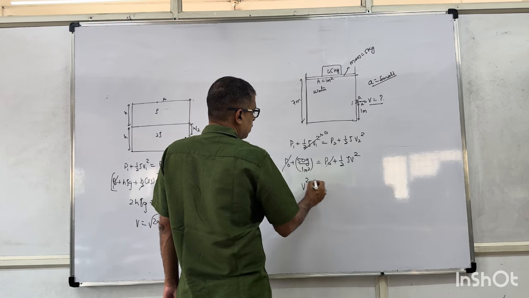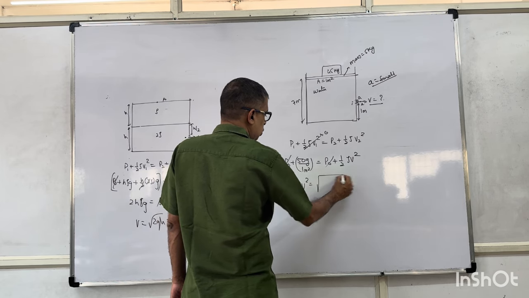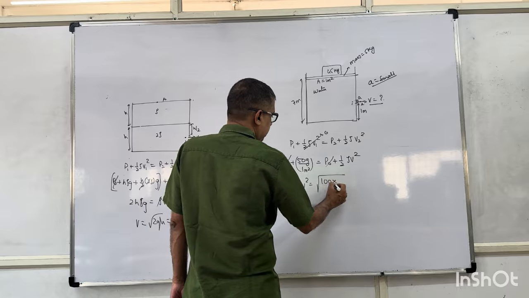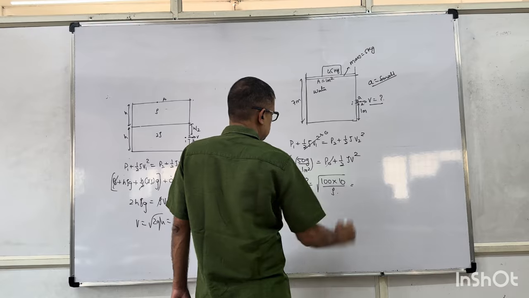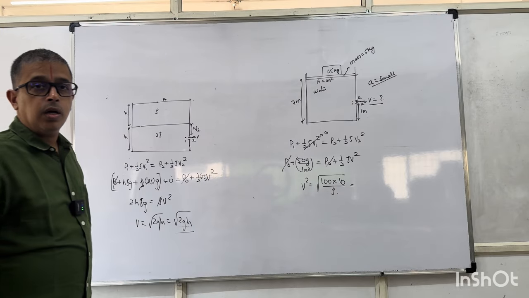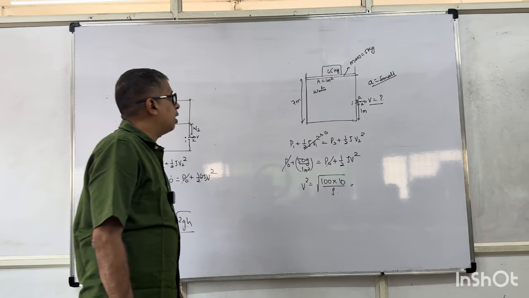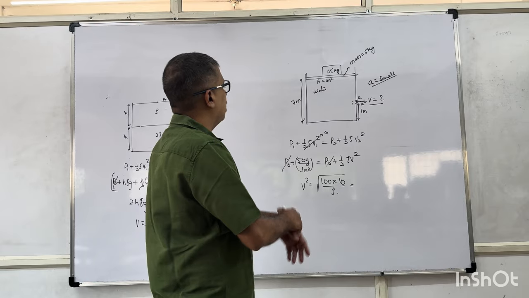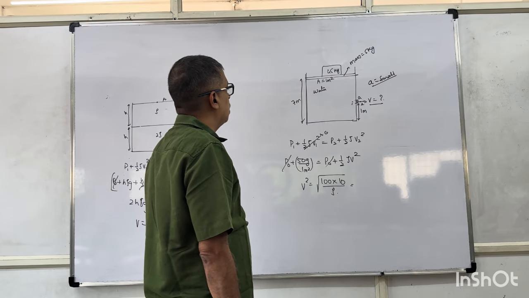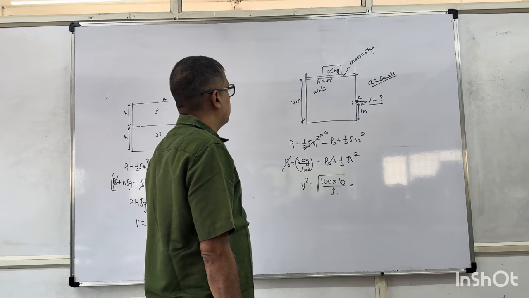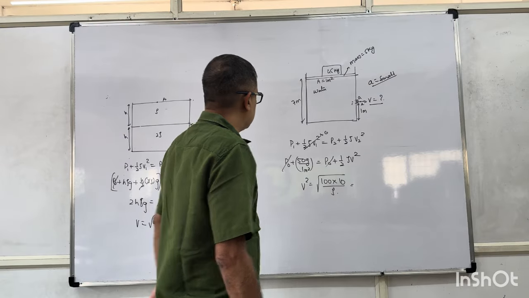V square is equal to 100 into 10 divided by rho. So, sir, you are pretty high. Exclude the height. Six floor. Where did I miss? Sir, the pressure is P1. You have to exclude the height, I missed that.